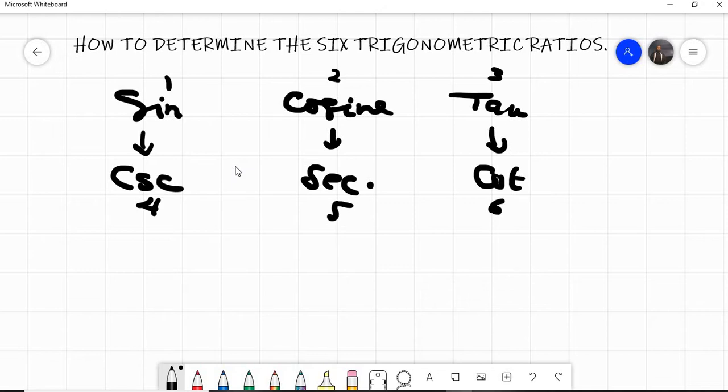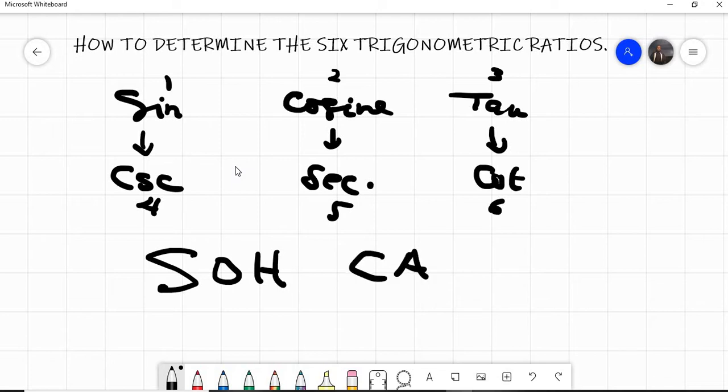The first 3 are major: sine, cosine, tangent. We must remember what we learned earlier, SOH CAH TOA. This is the short form of the ways to find each one.